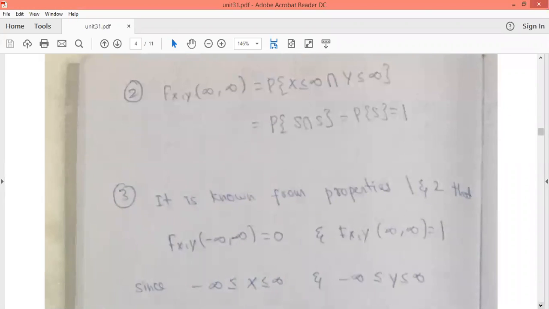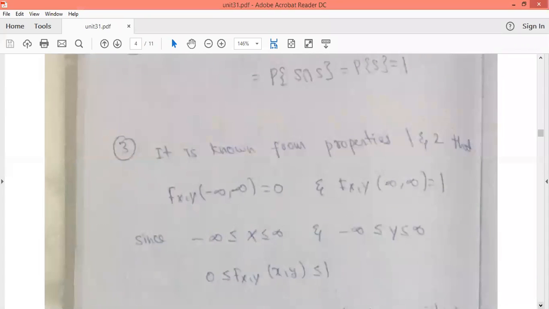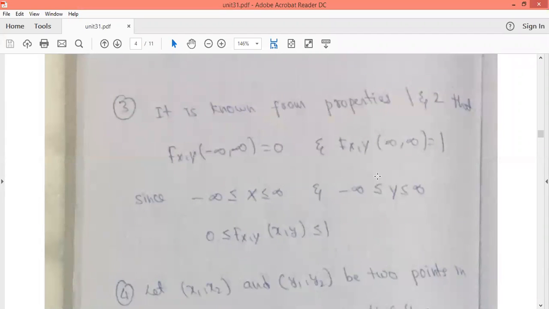So from the first property we know that F_XY(-∞, -∞) will be 0, and from the second property we know that F_XY(+∞, +∞) will always be 1. So from properties 1 and 2, F_XY(-∞, -∞), that is the first property, will always be equal to 0, and F_XY(∞, ∞), that is the second property, will always be equal to 1.